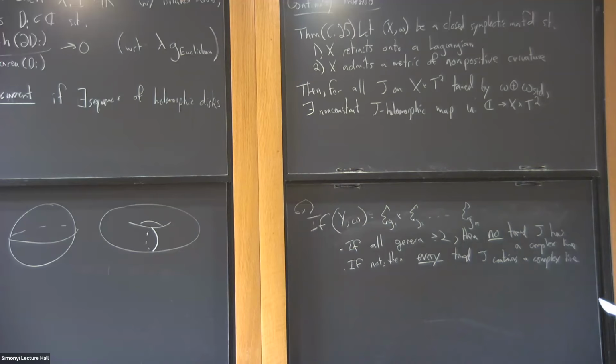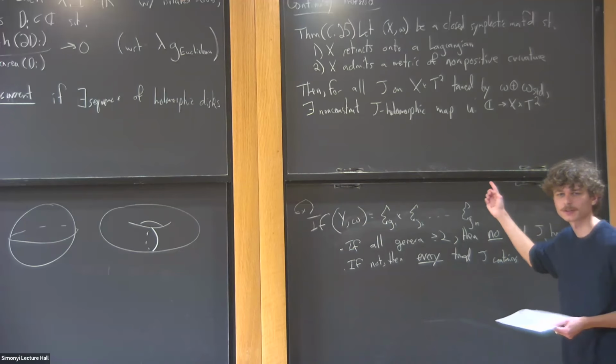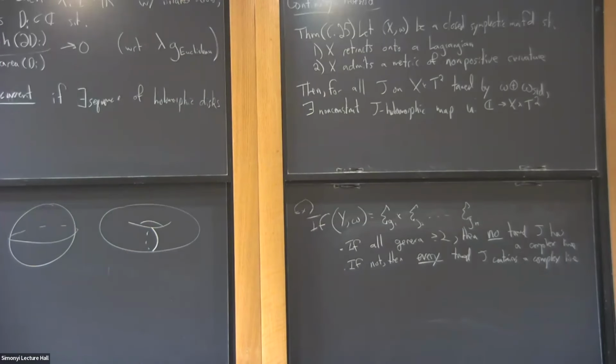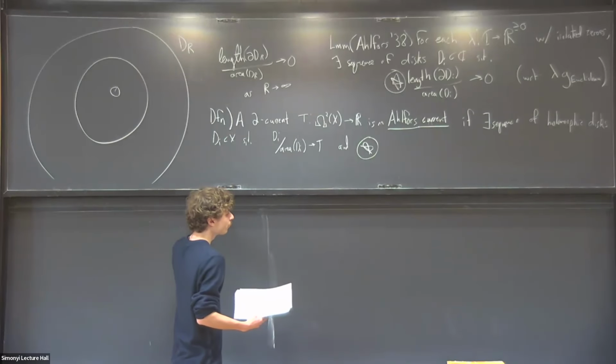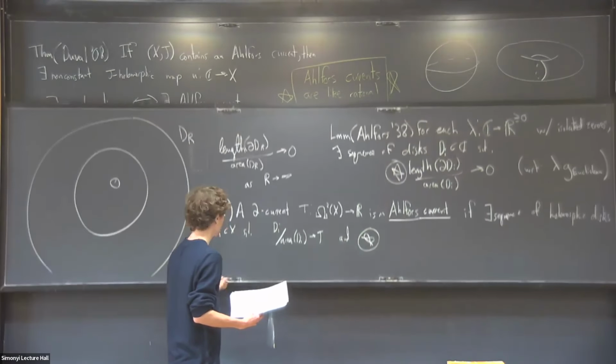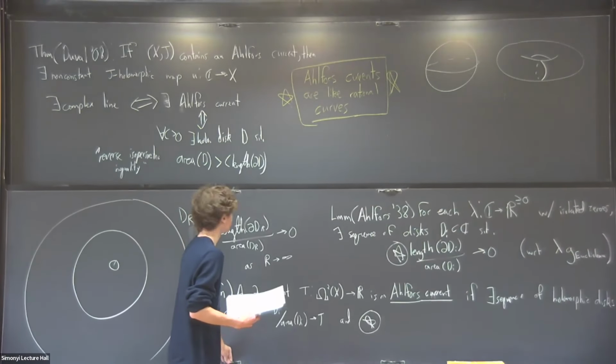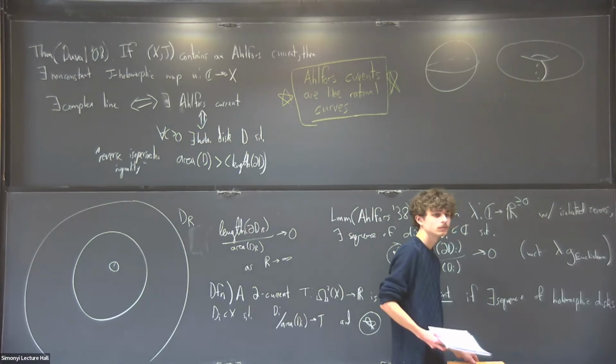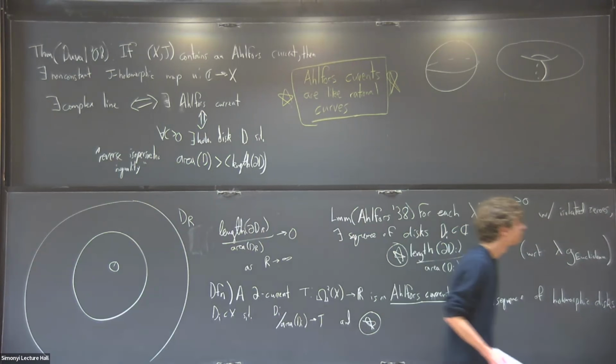Okay. I just want to make some remarks about this proof because I think the technique is the point. So the no-J-has-a-complex-line part is maybe the simpler part, and then the every-tame-J part is your theorem.